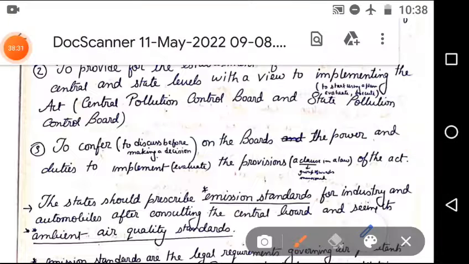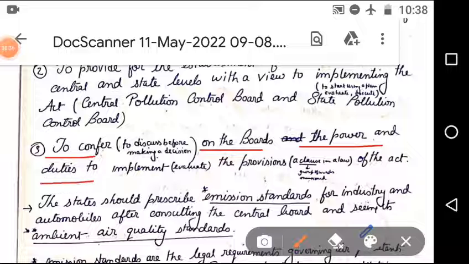To confer on boards the power and duties to implement the provisions of the act. That means, to confer means to have a discussion before putting that plan into effect, on boards, and power and duties to implement the provisions of the act.